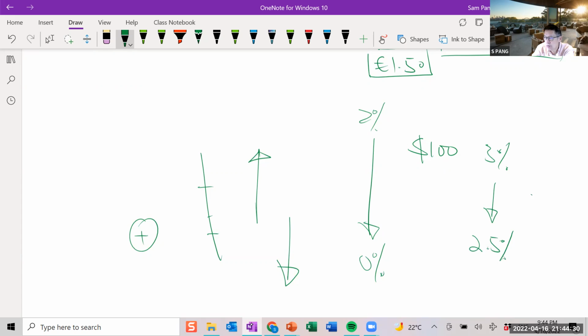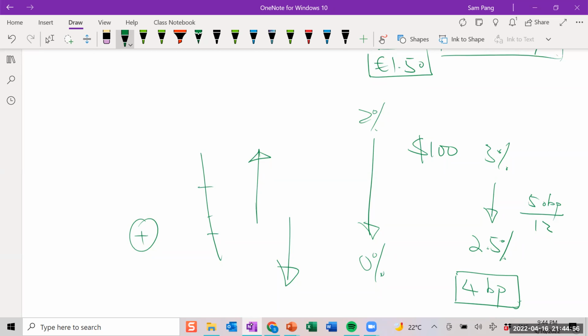So it's just a 50 basis point drop, and that is over 12 months, don't forget. So you are talking about 4, which is nothing. Well, okay, it's something, but not really that important compared to the dividend mispricing. Are you with me?